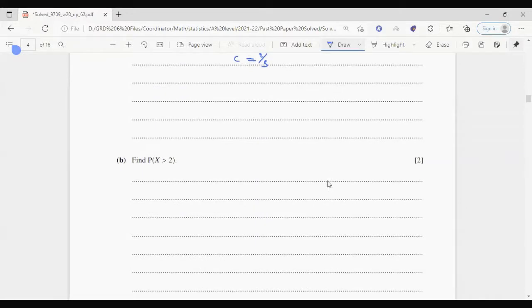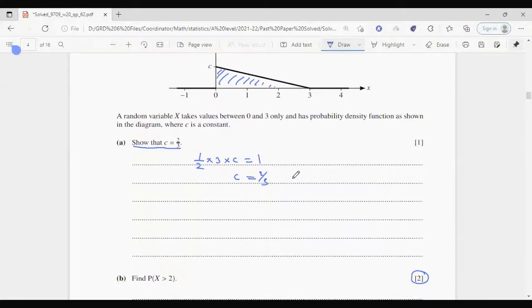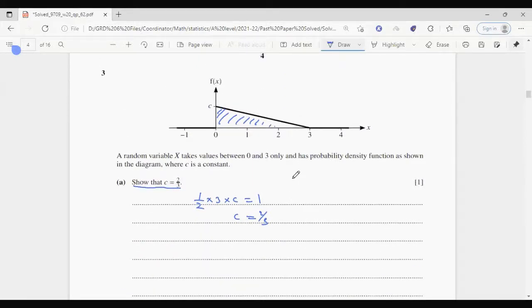Now probability of x greater than 2, which carries only 2 marks. So we can use any concept of finding out the area shaded in red. So this is the area that we need to find out, probability of x greater than 2.